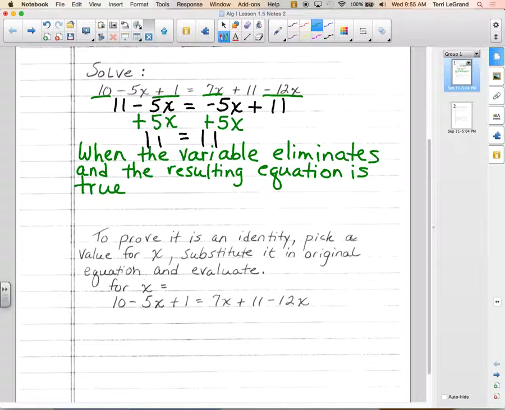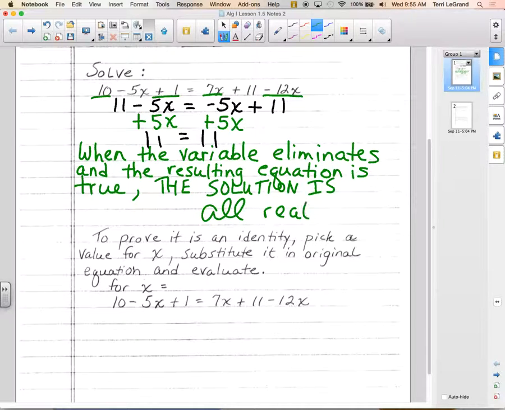This is true, 11 equals 11. We're going to say the solution is all real numbers.